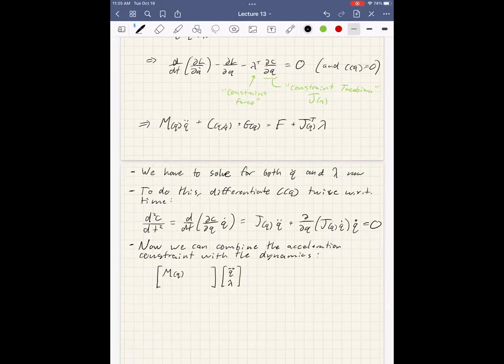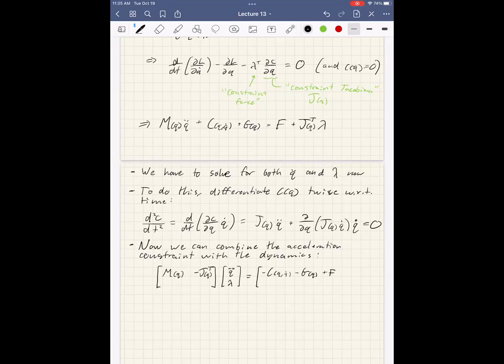So I'm going to get a minus sign on it. So this is going to be minus J of q transpose. So this is M q double dot minus J transpose lambda. So that equals all the other stuff moved over to the right now. So minus C of q, q dot, minus g of q plus F.